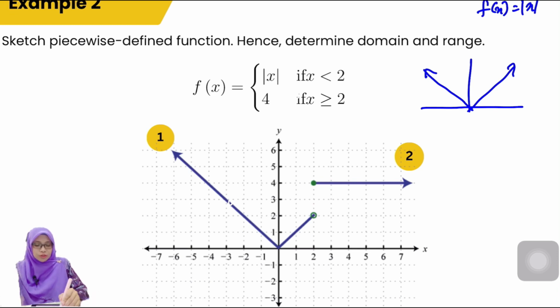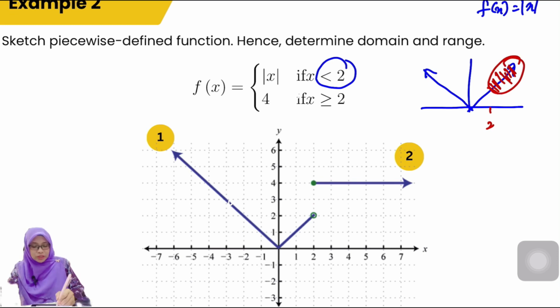Since we want to take only values when x is less than 2, we need to ignore the values greater than 2. Let's say this is 2, so we have to ignore this part. That's why the graph will be like this, and at exactly 2 it should be a hole here. Why?